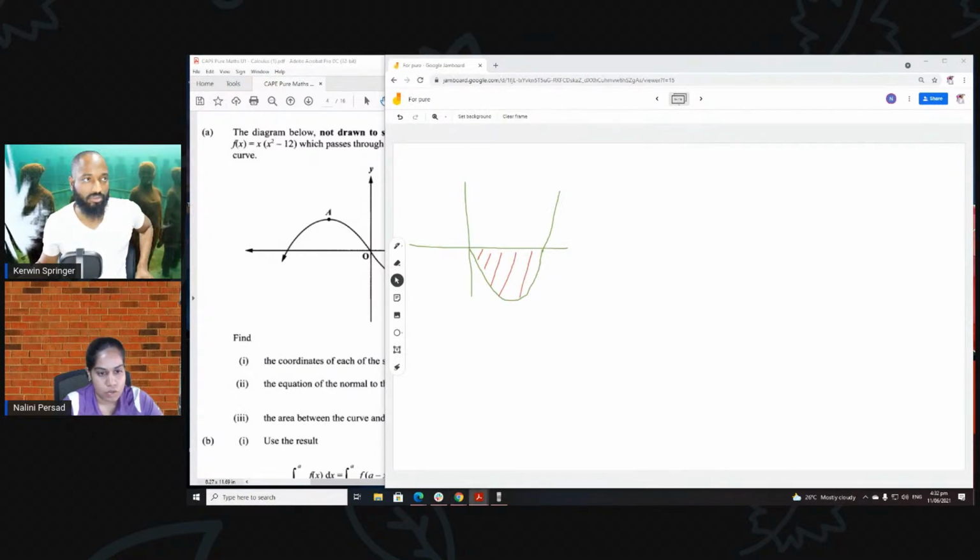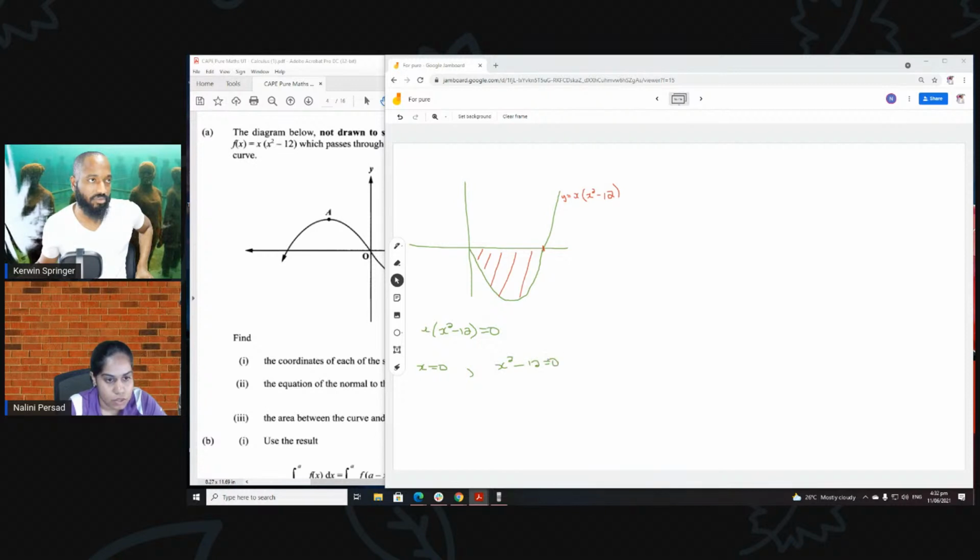We need to find where it cuts the x-axis here. So the equation is y is equal to x times (x squared minus 12). So when y is equal to 0, we can find the values of x. So x(x squared minus 12) equals 0. So it's either x equals 0, or x squared minus 12 equals 0.